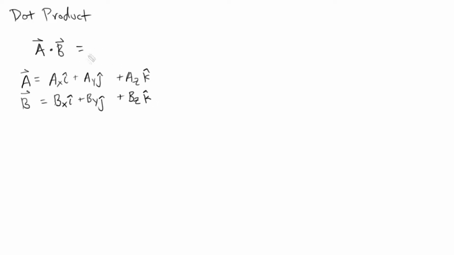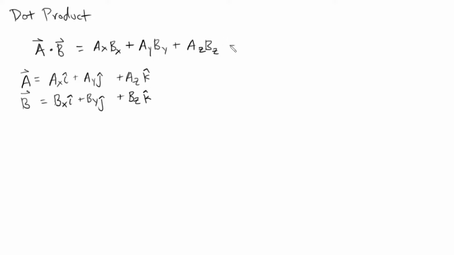So then the dot product is simply you multiply each like term with each other, so AX times BX, and then you add them, and then AY BY plus AZ BZ.